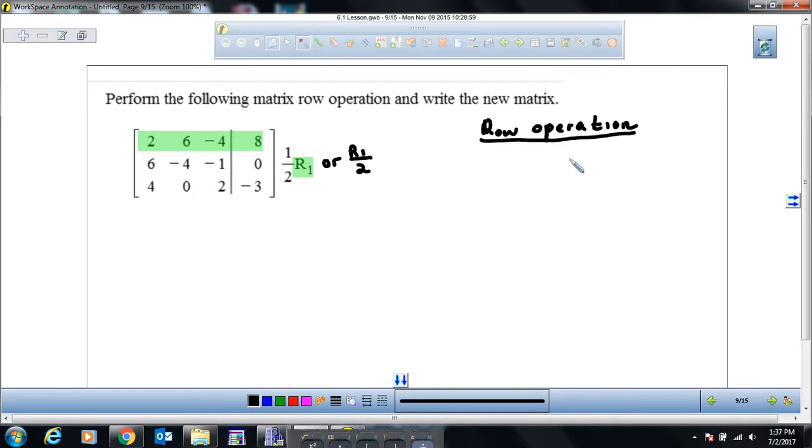If I take those elements, 2, 6, -4, and 8, and I multiply them by 1/2, meaning that I divide them all by 2, that is going to give us the elements 1, 3, -2, and 4.